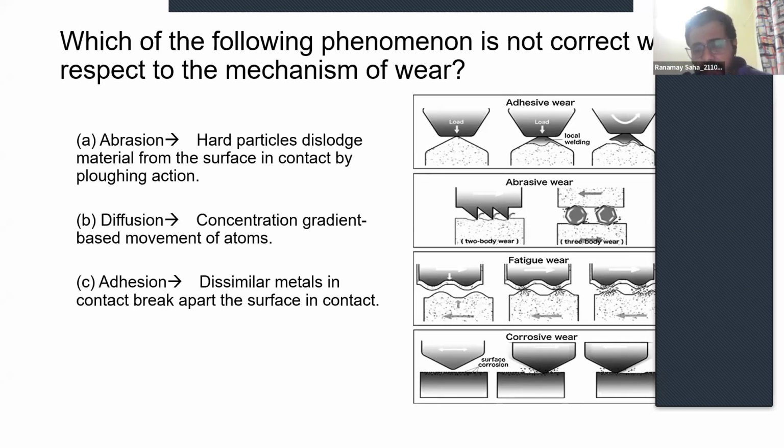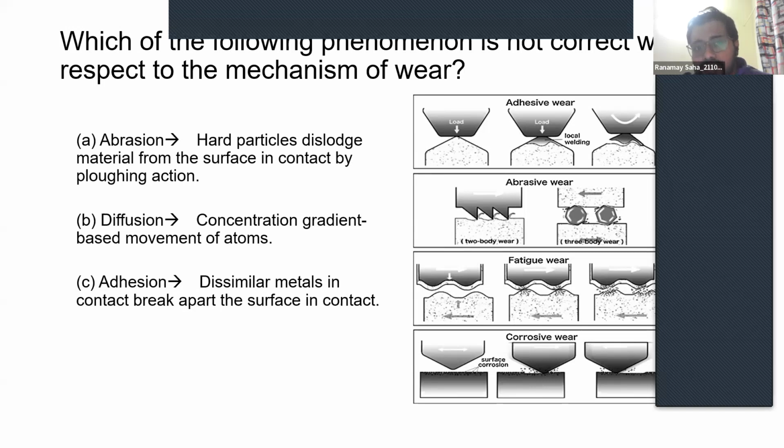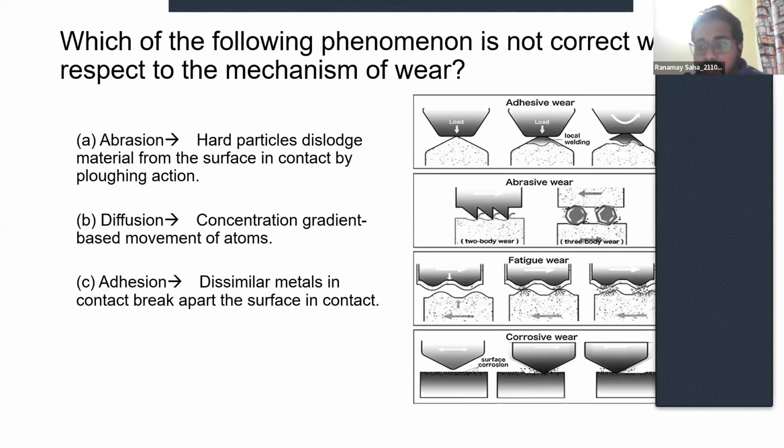Fatigue wear happens when a particular product is subjected to some cyclic loading, like in rolling processes, or in rotating parts in engines and motors, or even belt and pulley mechanisms, where two parts are continuously in touch, one is rotating and completing hundreds and thousands of cycles.